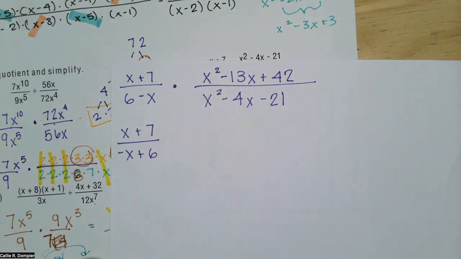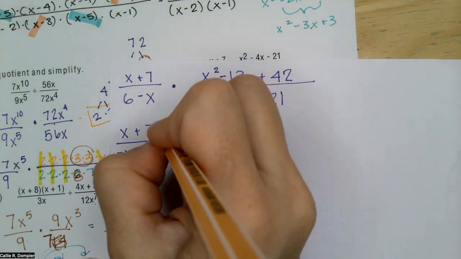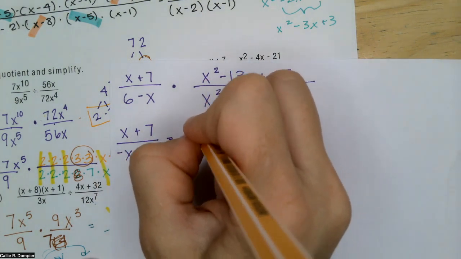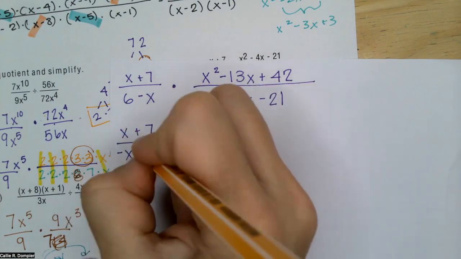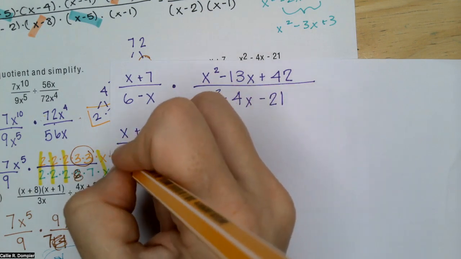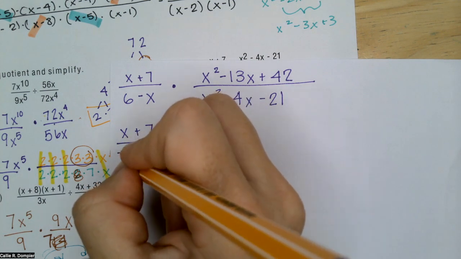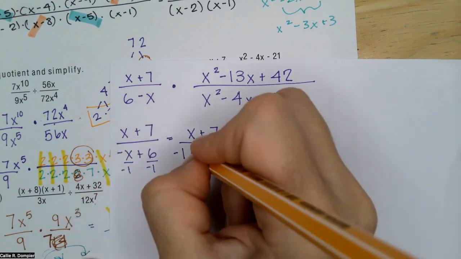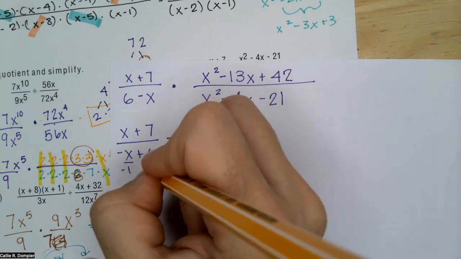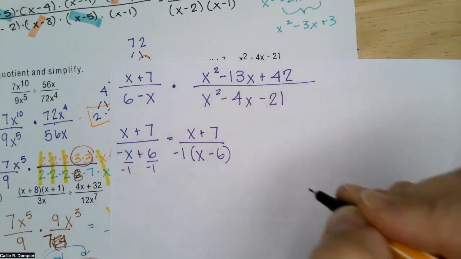We don't really like those. Factor out a negative 1. Negative x divided by negative 1 is a positive x. Positive 6 divided by negative 1 is a negative 6.